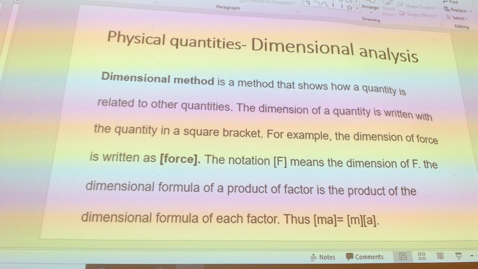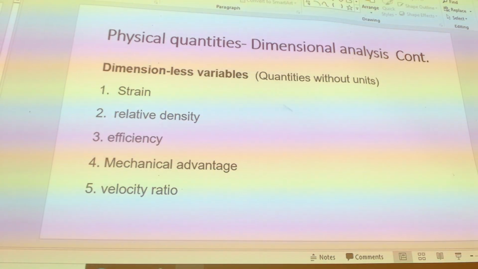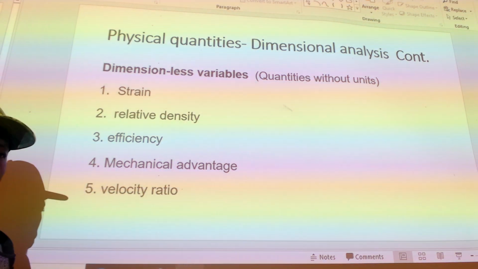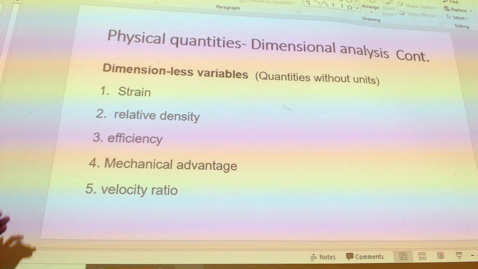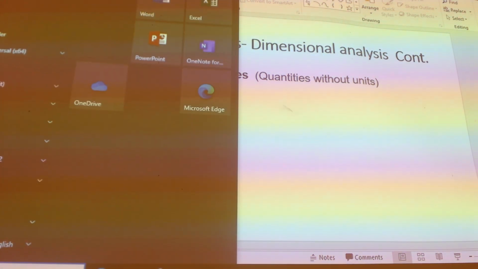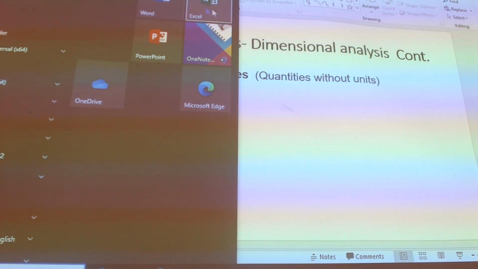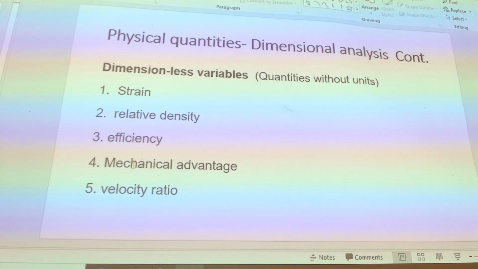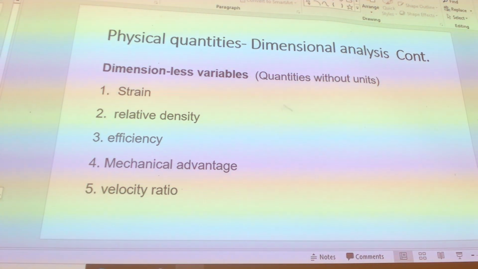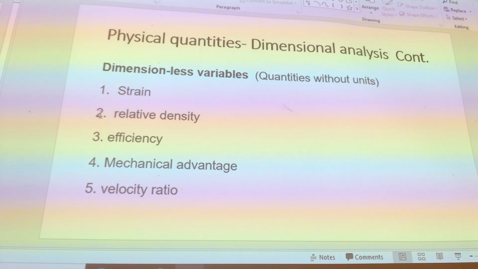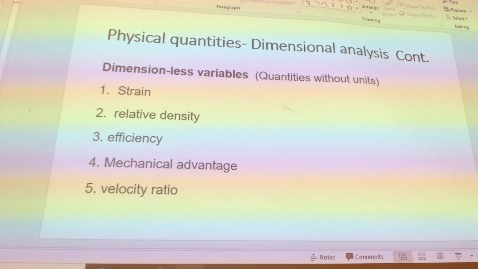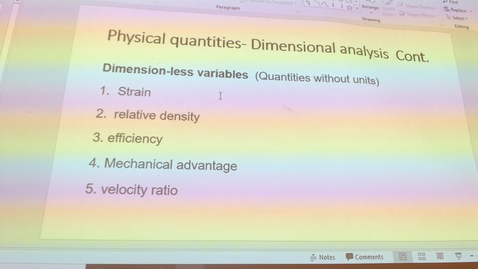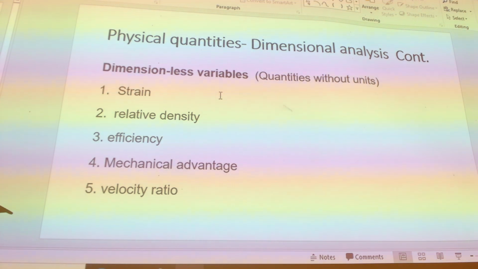If we move to the next slide, the dimensionless variables. There are certain quantities or variables without dimension. Consider the first one here, strain. Strain is a dimensionless quantity. Why do we refer to strain as a dimensionless quantity? Strain is defined as the change in length over the original length.